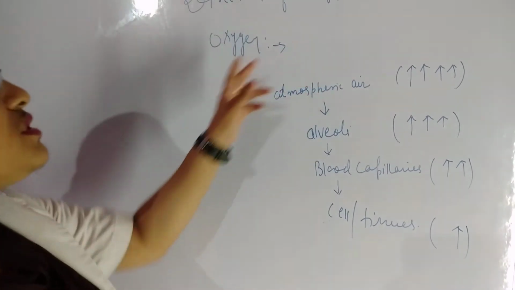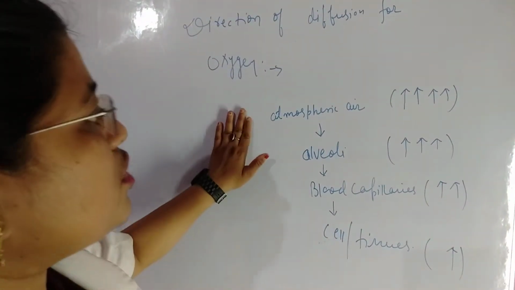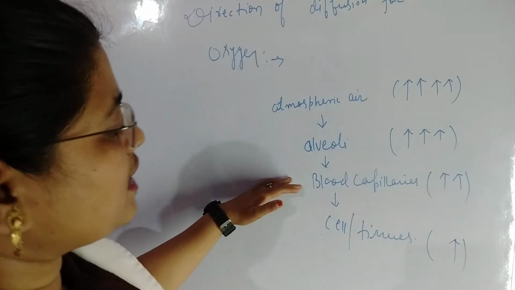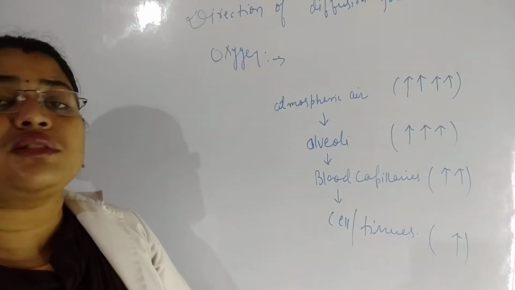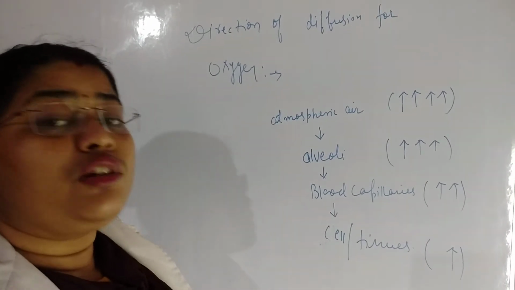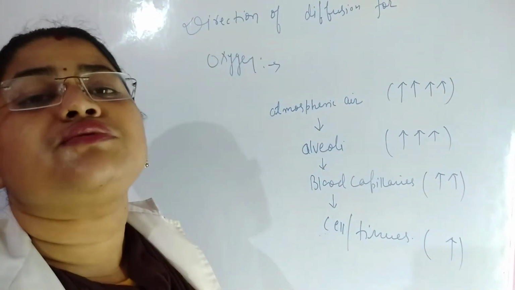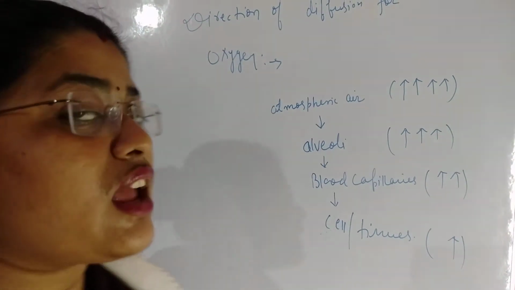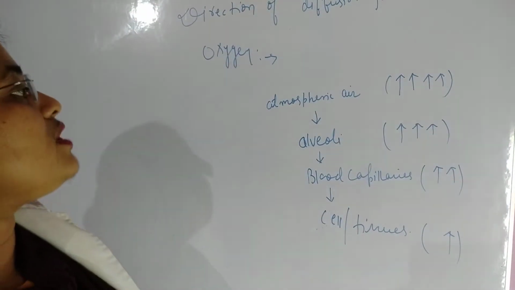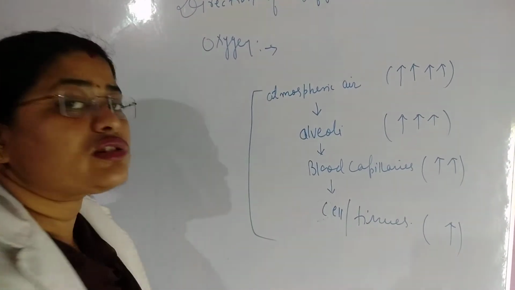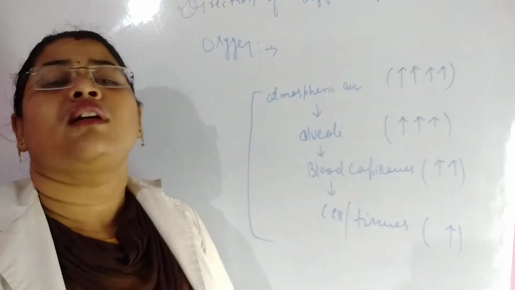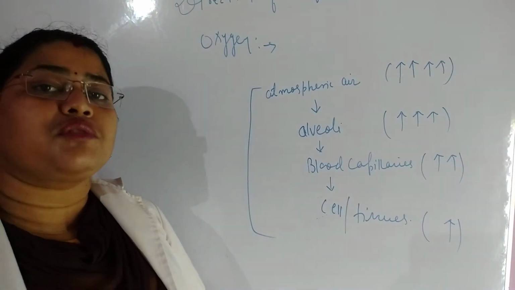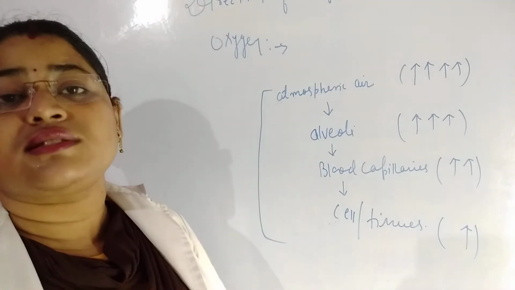So this is the direction of diffusion for oxygen, from air to alveoli to blood capillaries and to cells or tissues, because oxygen acts like a nutrient for cells. The need of the cell is oxygen and that is fulfilled by this method. So respiration is a vital process through which every cell gets its nutrients like oxygen.